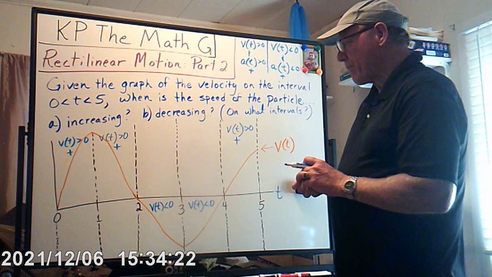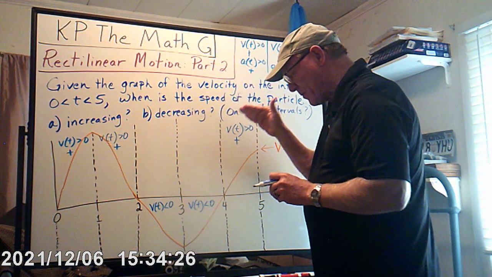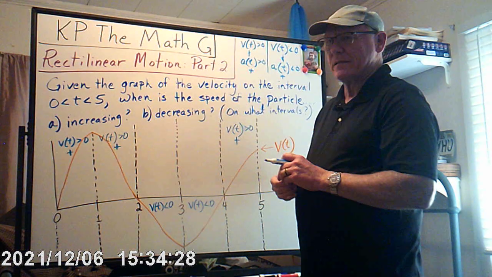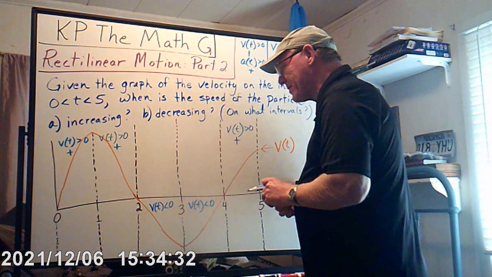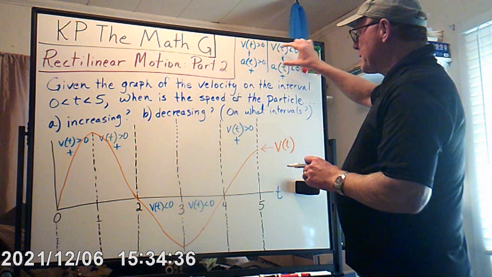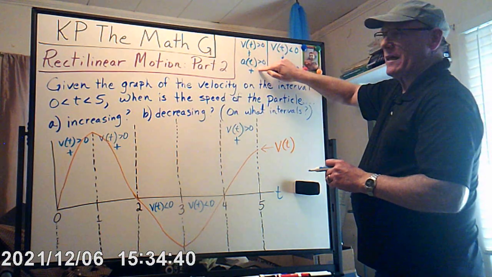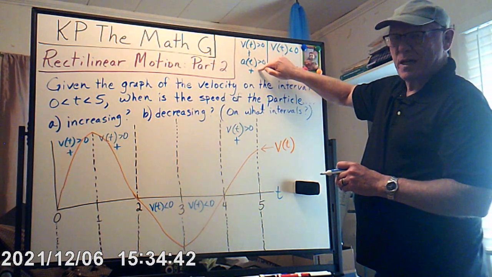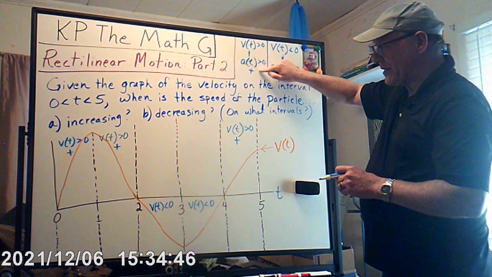Now, we haven't talked about the speed of the particle as of yet. What we have to look at, just remember, is both v and a at the same time, the velocity and the acceleration.